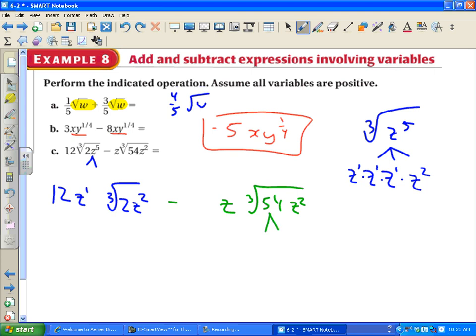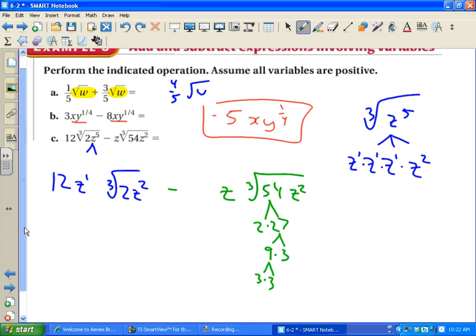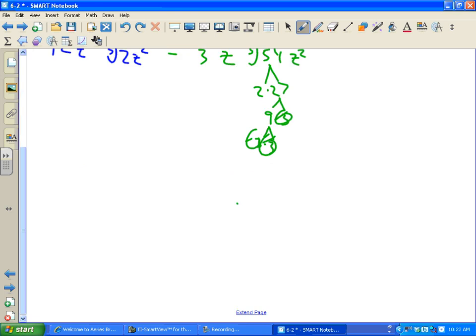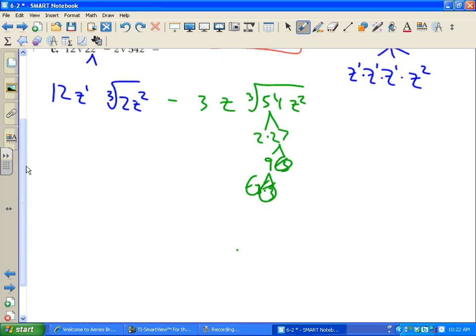That 54 I can break down to, let's see, 2 times, what do we got there? 2 goes into that, 27. 27 is going to be 9 times 3, and 9 is going to be 3 times 3. I have 1, 2, 3 3s. That means I take a 3 out, gives me 3z on the outside, and hopefully you'll agree, I couldn't do anything with that z squared.